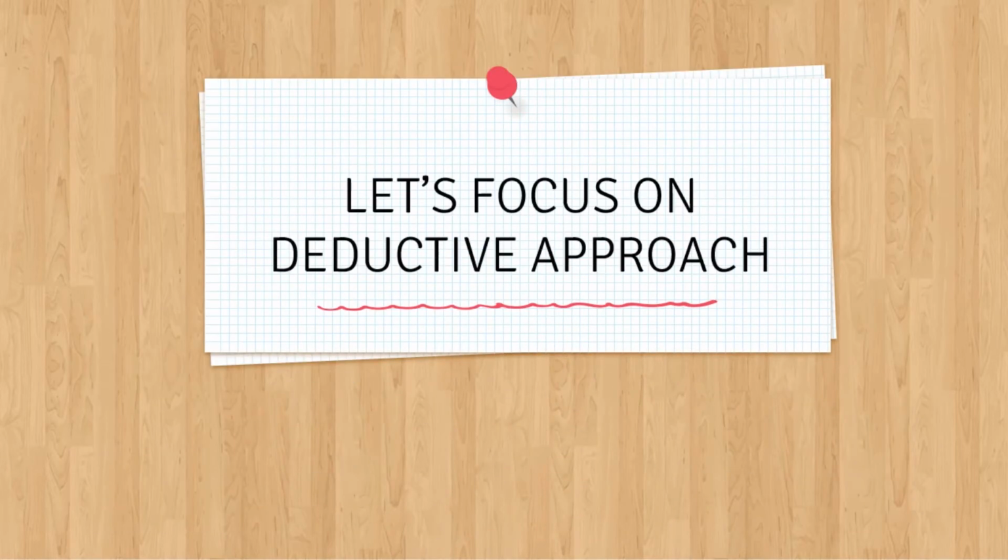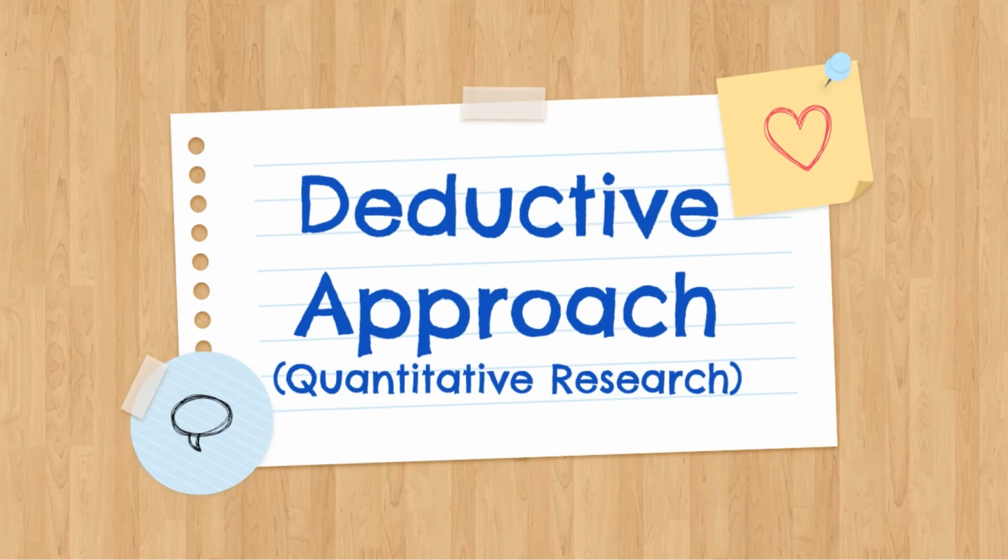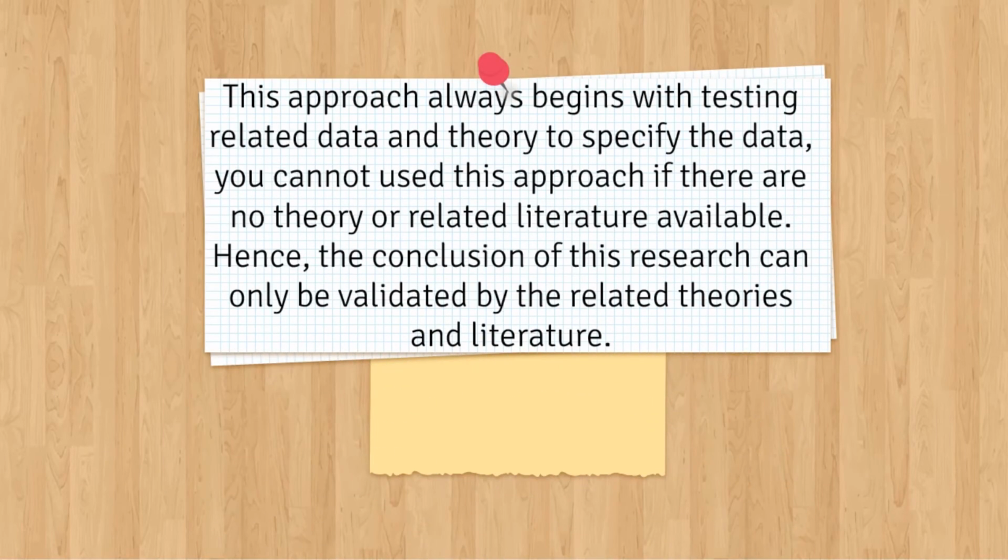Let's focus on deductive approach, since this approach is specifically used in quantitative research. This approach always begins with testing related data and theory to specify the data. You cannot use this approach if there are no theory or related literature available. Hence, the conclusion of this research can only be validated by the related theories and literature.